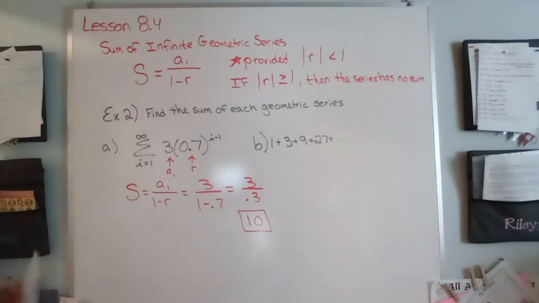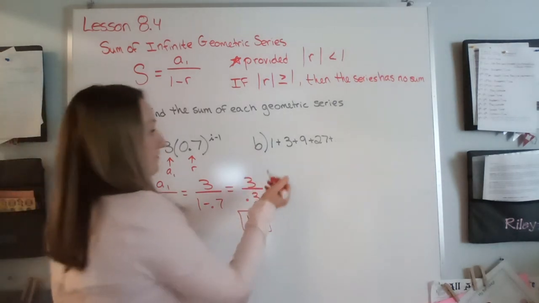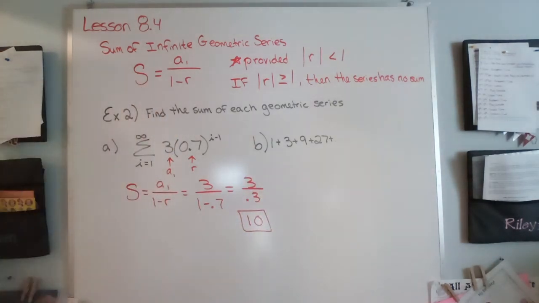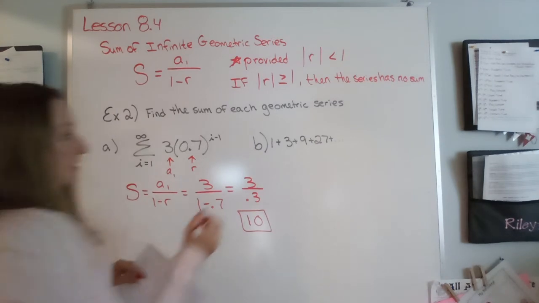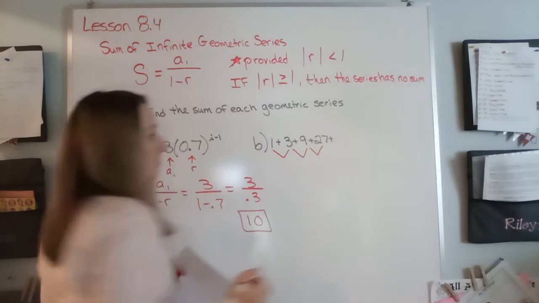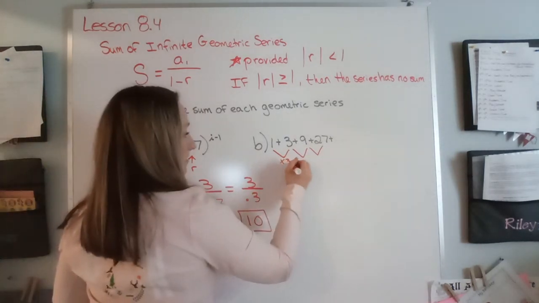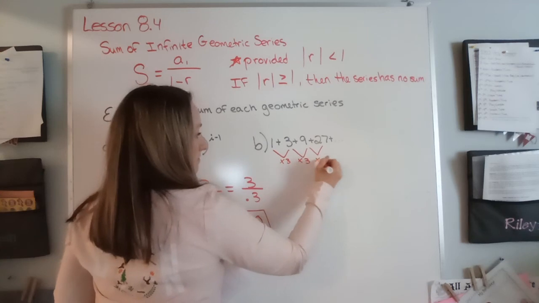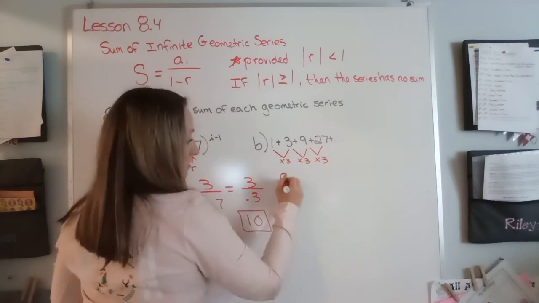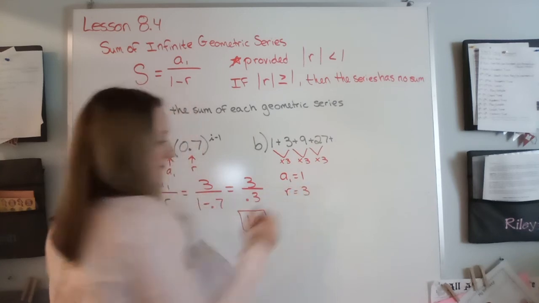Okay? Now for the second problem, it's written differently. Now we can figure out what the r value is by looking at one term to the next. So first off, what is the r value? What am I multiplying by each time? You're multiplying by 3. So I know my first term is 1 and my r value is 3.